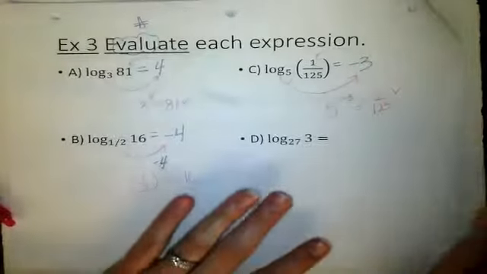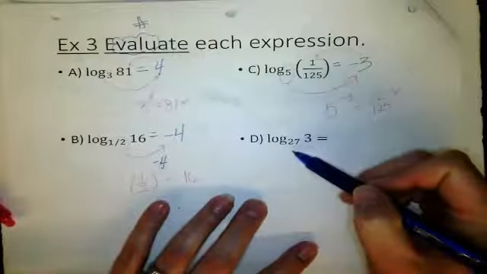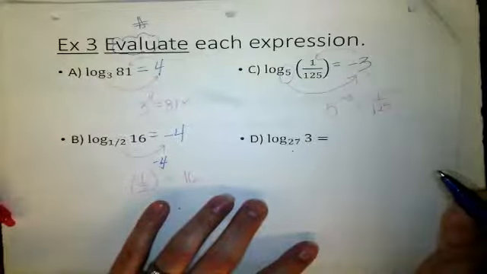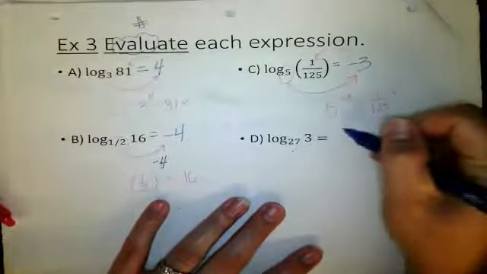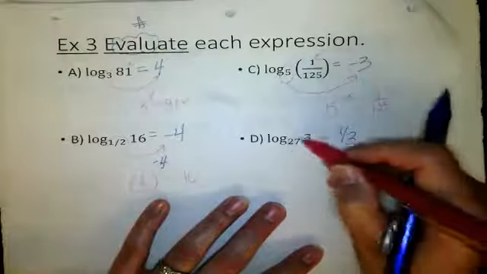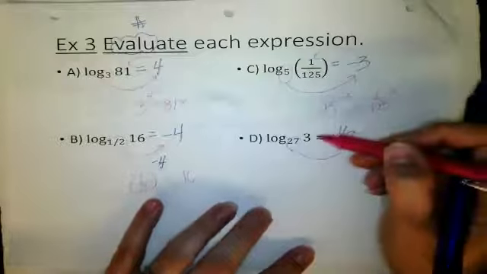And then, ooh, tricky. Log base 27 of 3. 1/3. Very good. Good job. Our base is larger, and we're trying to reach a smaller value.